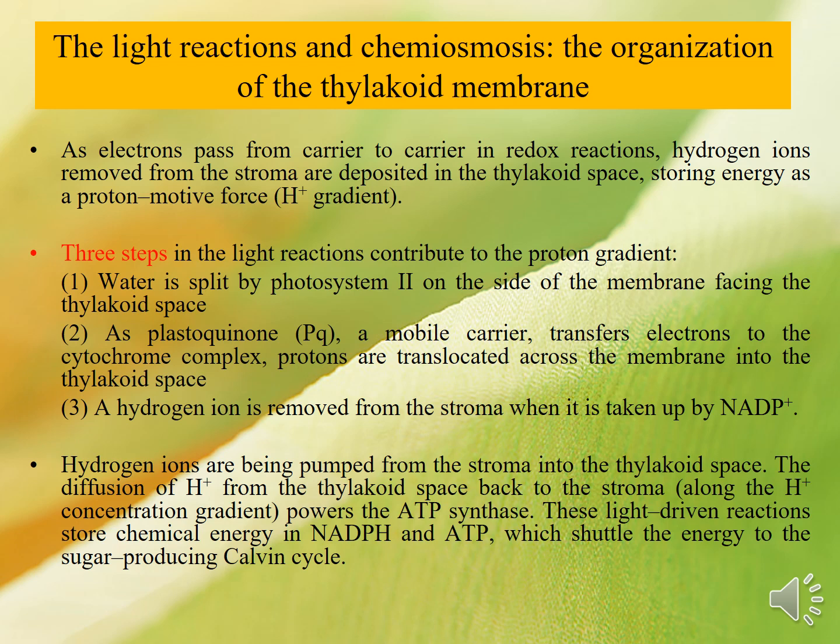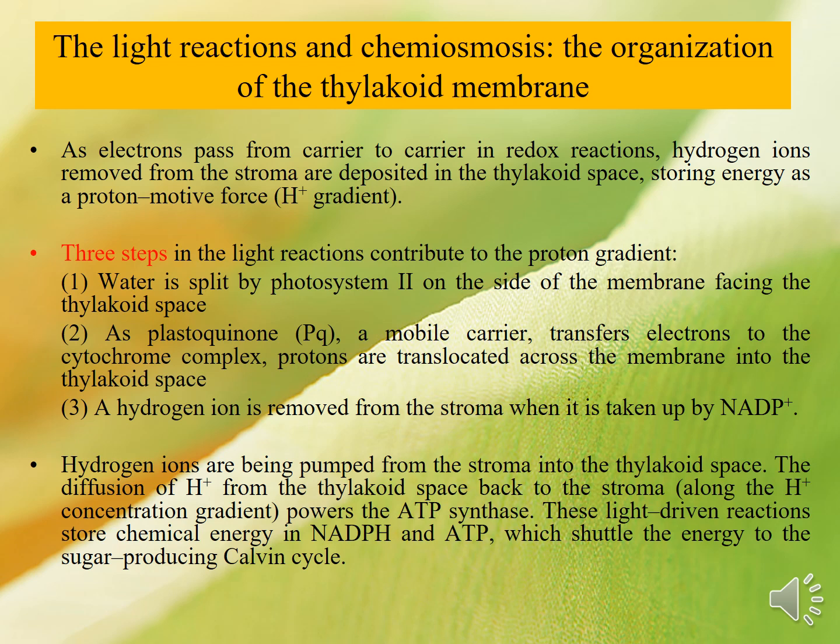Three steps actually contribute to the proton gradient. The first is when the water is split by photosystem 2, because for the non-cyclic pathway, the water is split by photosystem 2, not photosystem 1. When they are split, they increase the number of hydrogen ions in the thylakoid space.